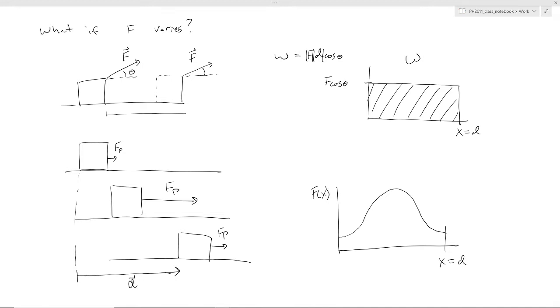But the work, instead of just being a rectangle, is going to become an integral. And integrating is how we deal with the fact that the force wasn't constant. Technically, we're doing the same thing when the force is constant, but the integral is just a rectangle. If the force is varying, we have to use more complicated mathematical tools.